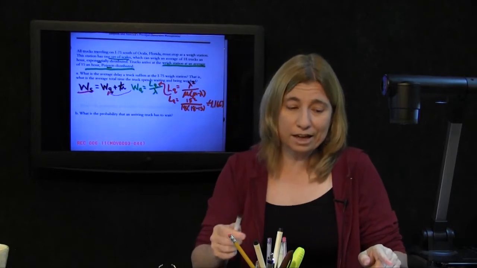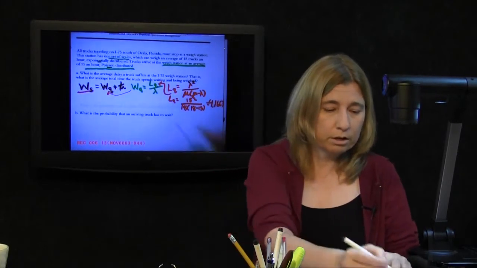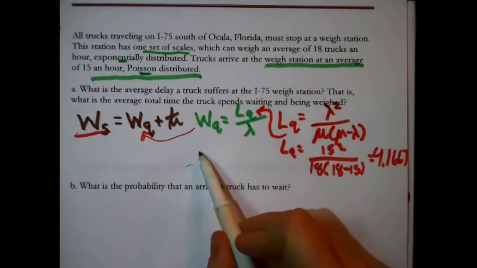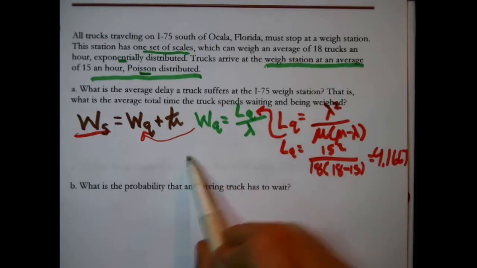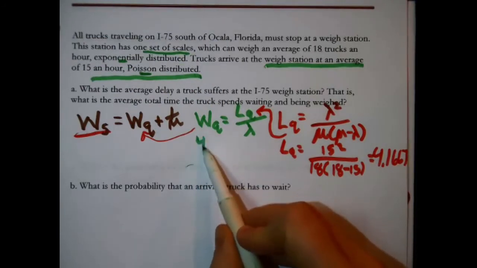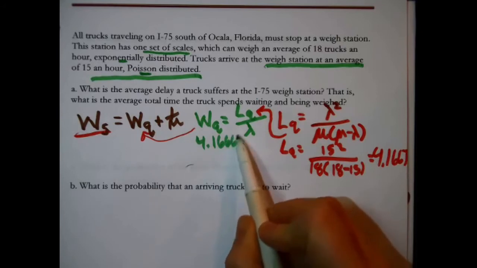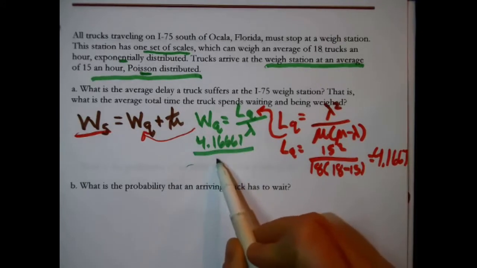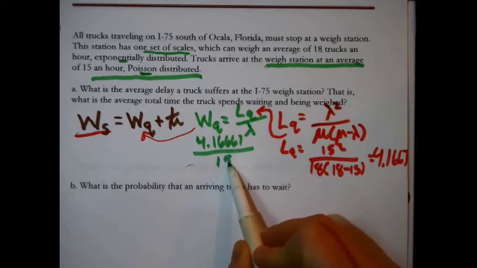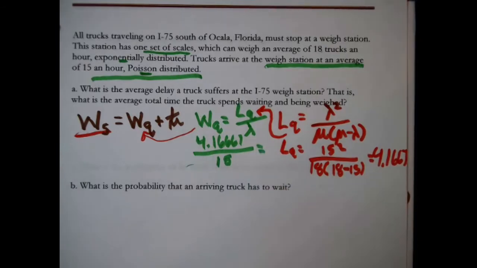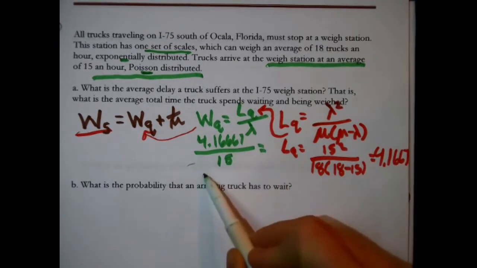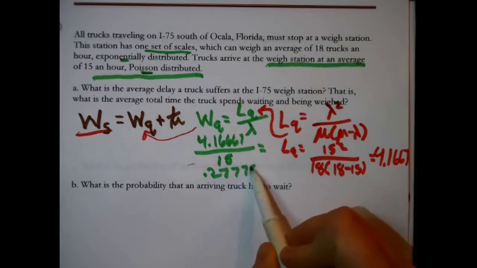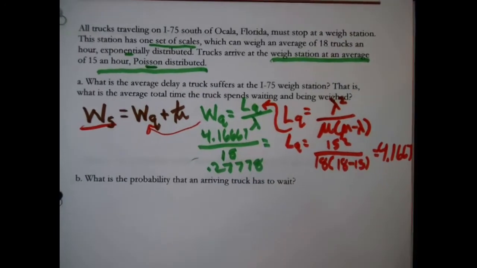But I do take that number and backing up towards the left, let's see, then that means that 4.1667 divided by, okay, lambda is 15. W sub Q is 0.27778. Oh, okay.